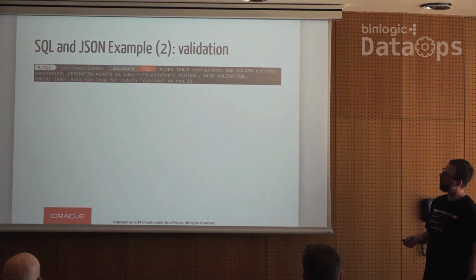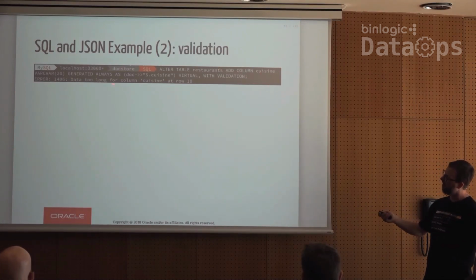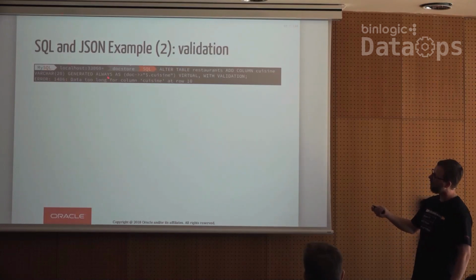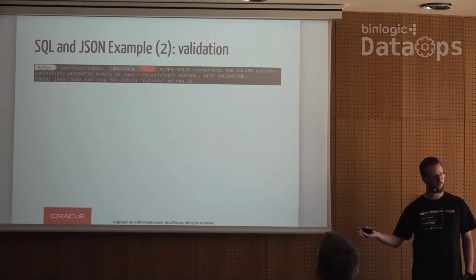Now, when we use SQL, we can also make some validation. For example, I can say, okay, now I want to add also a cuisine here, varchar 20, generated always, go retrieve the document, virtual, with validation. What happens with validation? It will say, oh, you have some data here in cuisine that is more than 20 characters, right?